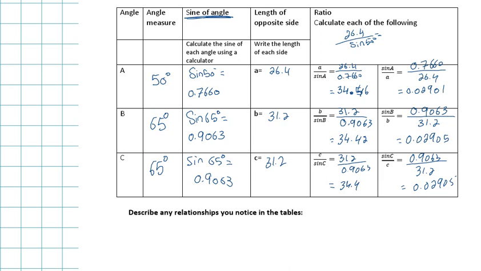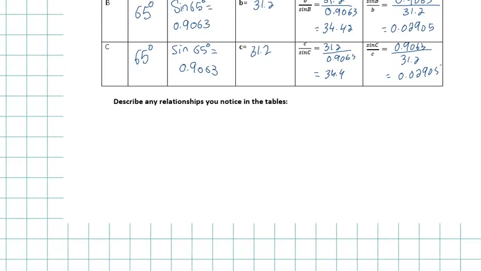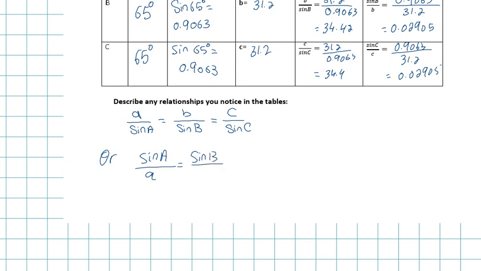So what we found out after we did this is that A over sine A is equal to B over sine B is equal to C over sine C, or the other way around: sine A over A equals sine B over B equals sine C over C. If they are not coming out the same, that means we have done the calculation wrong.